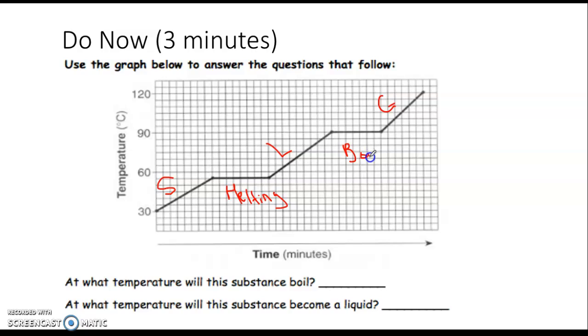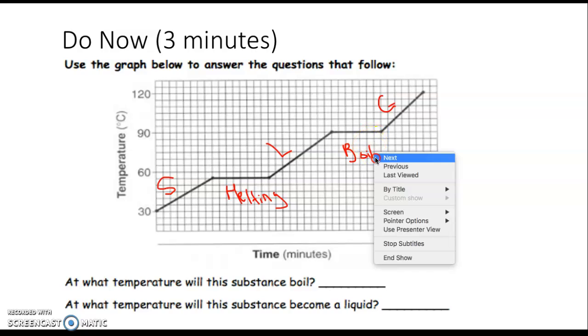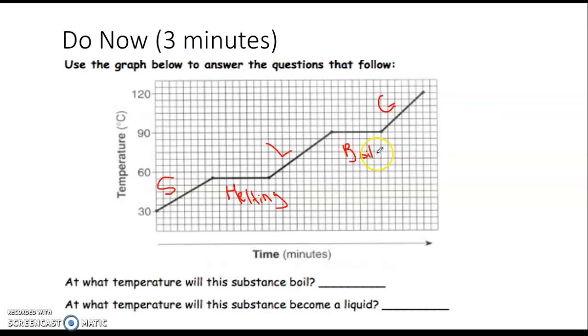Or if you want to call it vaporization, not evaporization, but vaporization, that is fine as well. So we know what each state of matter is, and we know the phase changes, how we're going through each state of matter.